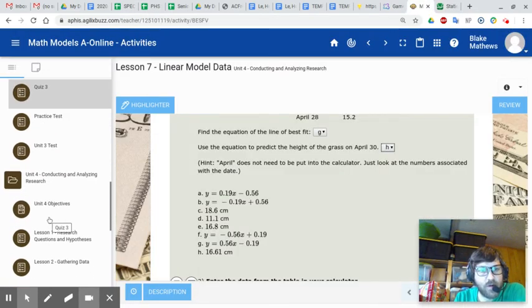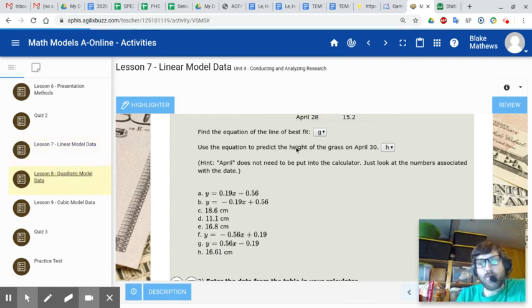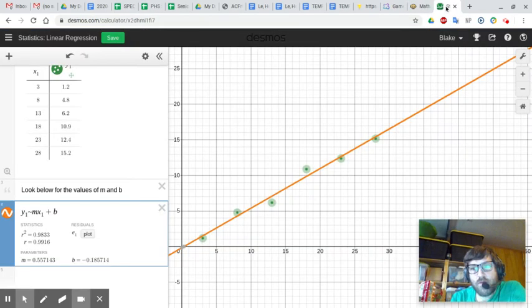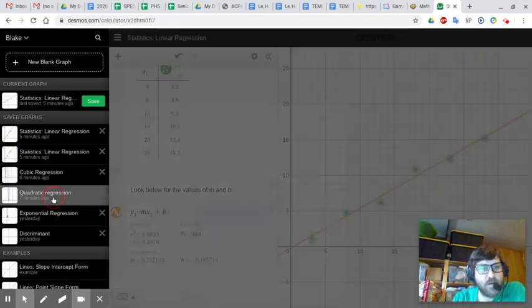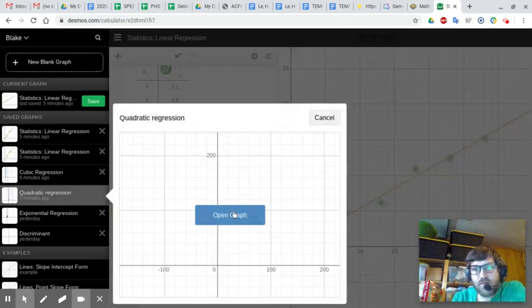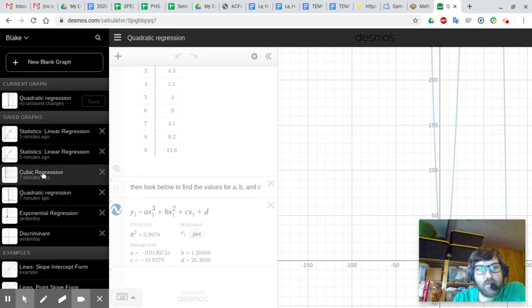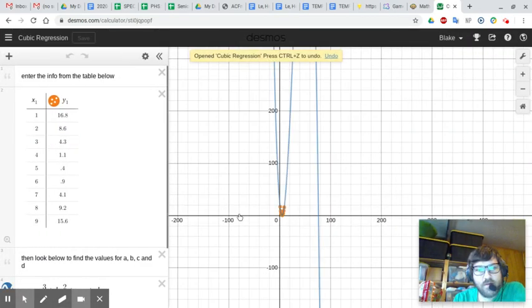I'm going to jump right over to quadratic. So quadratic modeling, again, I'll put another graph in the description of the video. I'm going to open it here. You'll get a link directly to this quadratic regression. Very similar. You're going to enter data here, and then it's going to give you the information for that one. I think I opened the wrong graph, so give me a second here.